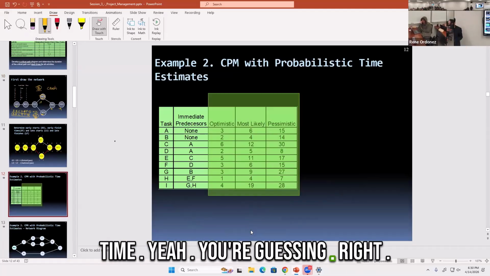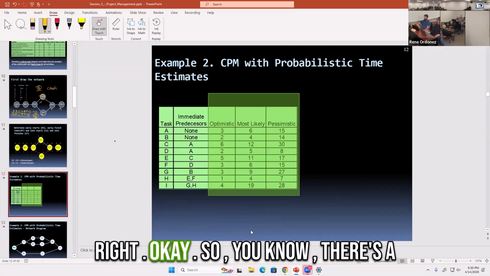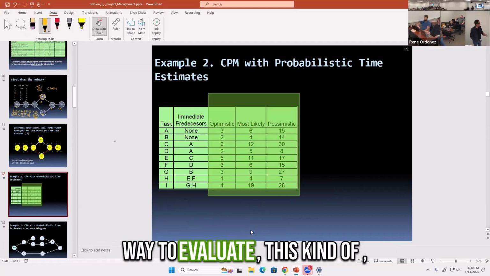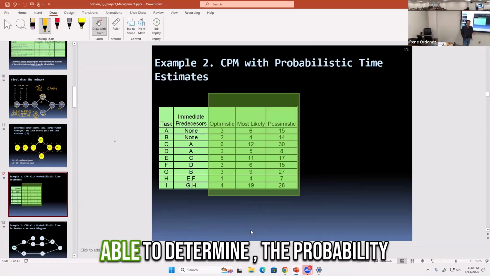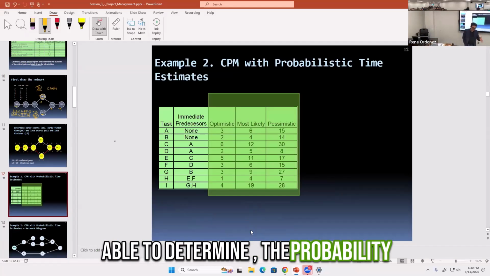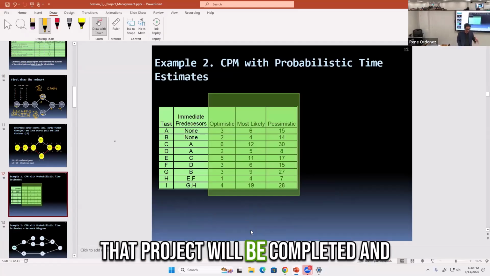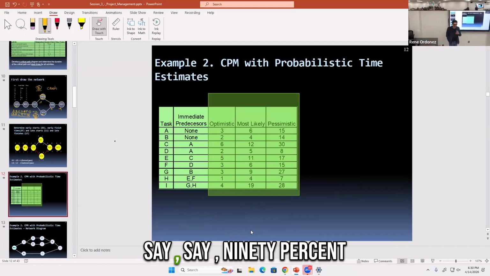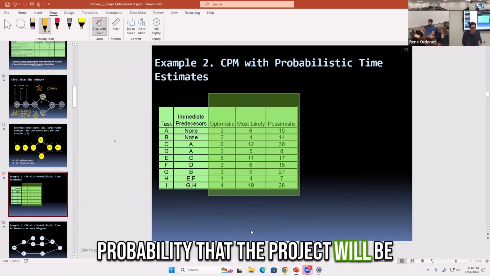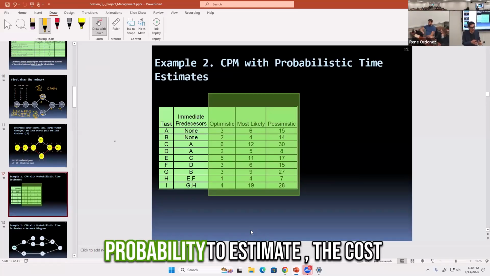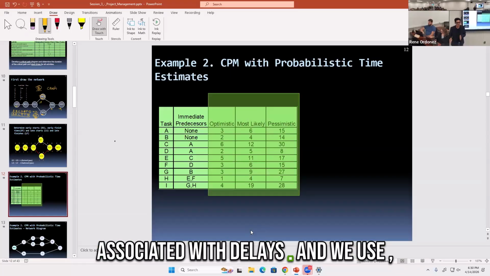Yeah, you're guessing. Okay, so there's a way to evaluate projects that have probabilistic time estimates, because once you're able to determine the probability that a project will be completed, say with 90% probability, you can use that probability to estimate the cost associated with delays.